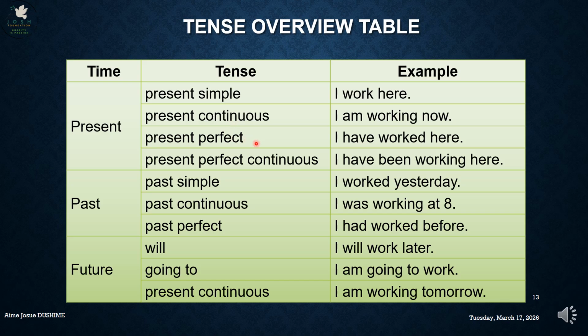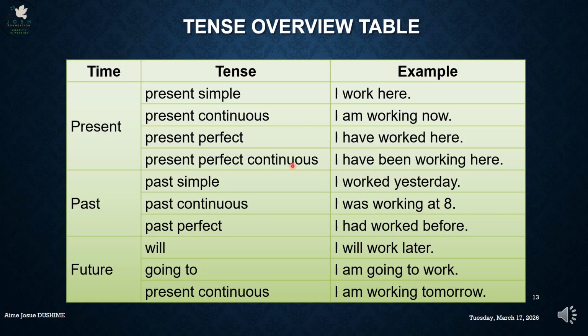And in this case, when the action is not finished yet, when it is a life experience, and when it is a recent action with the results now, we have to deliberately use present perfect. Present perfect continuous is the action that started in the past and is still continuing until now. Until now, it is still going on.